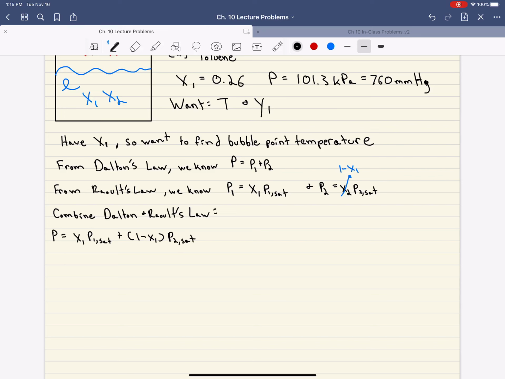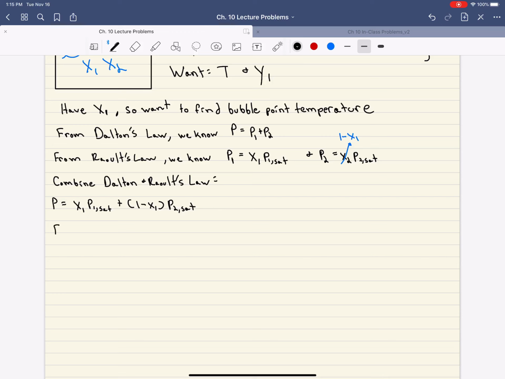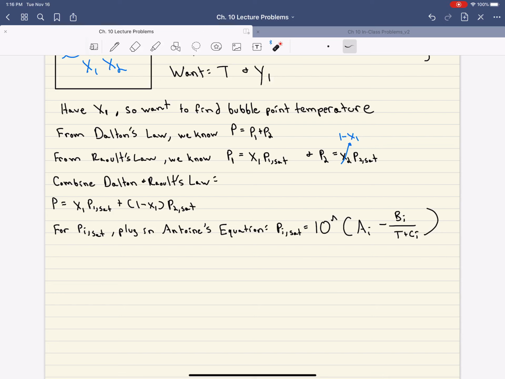In fact, we can model them using another named equation, specifically Antoine's equation, where generally your Pi sat is equal to 10 raised to some constant A minus another constant B over T plus C, which is another constant. Depending on the chemical species, these constants are going to be different.